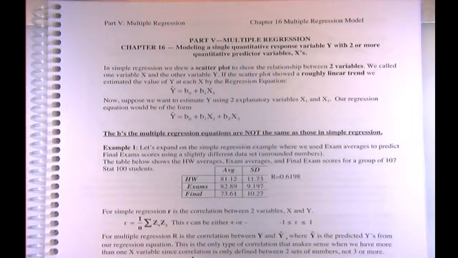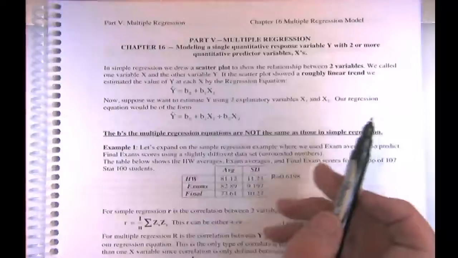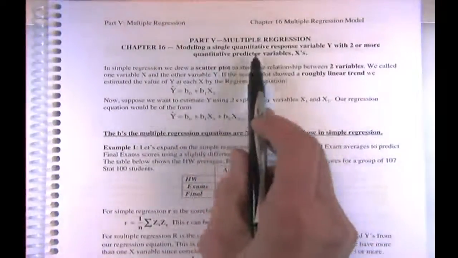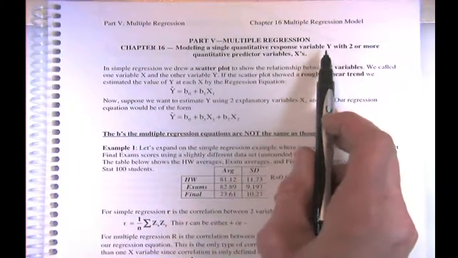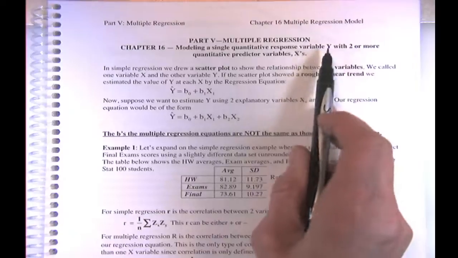So, what are we doing today? What we're doing right now is we are going to be predicting a quantitative y, a single quantitative response variable y. That's what we've been doing so far.